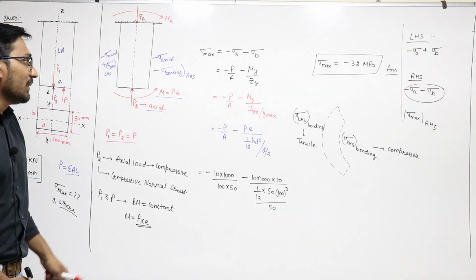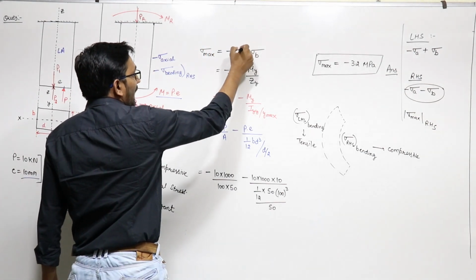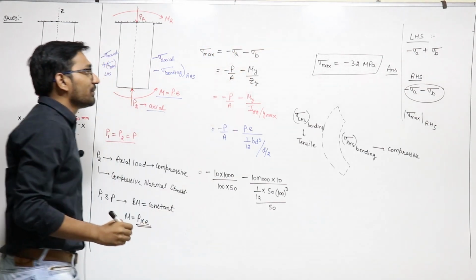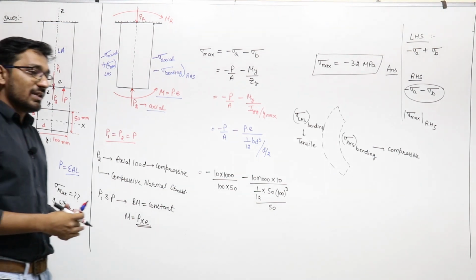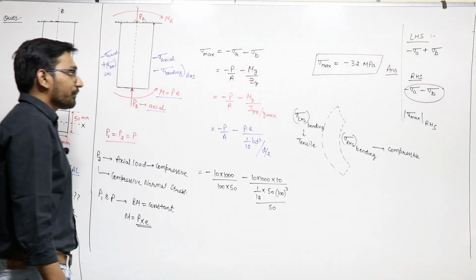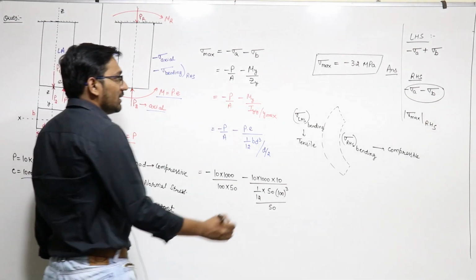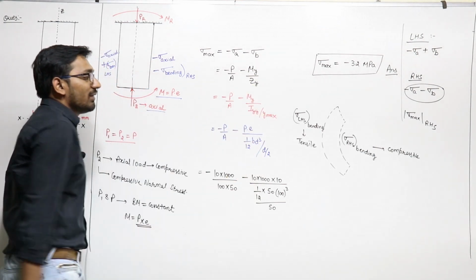So the maximum stress will be equal to minus sigma A minus sigma B. Sigma A is axial stress, load per unit area, that is P upon A, and bending stress is M upon Z, that is M upon Zy.